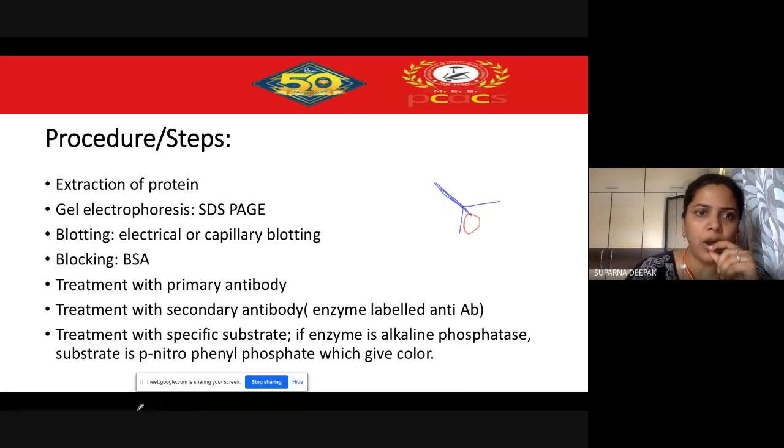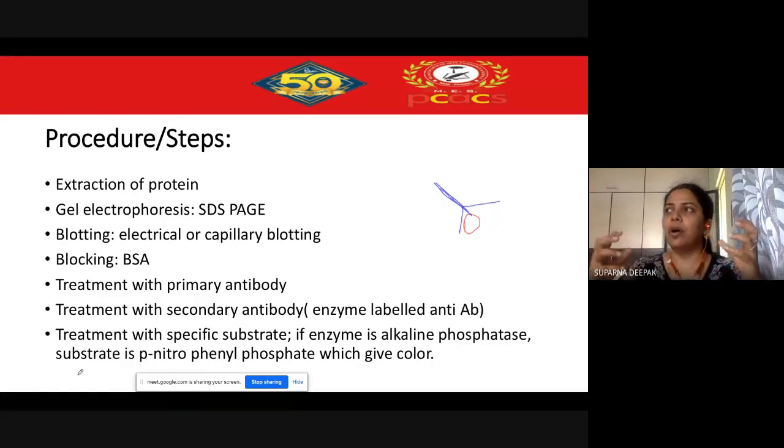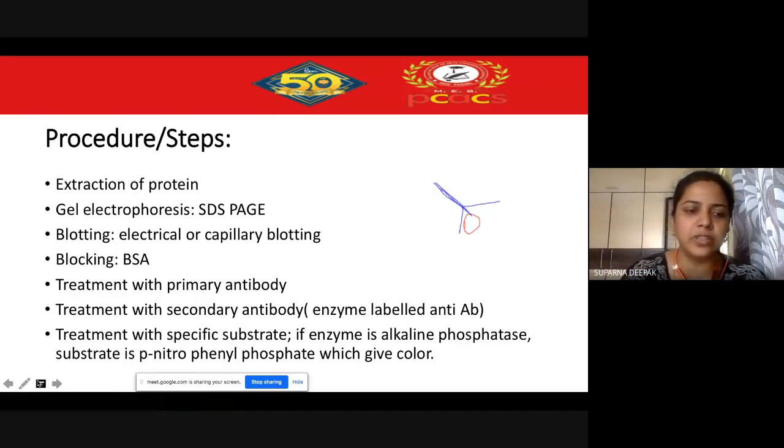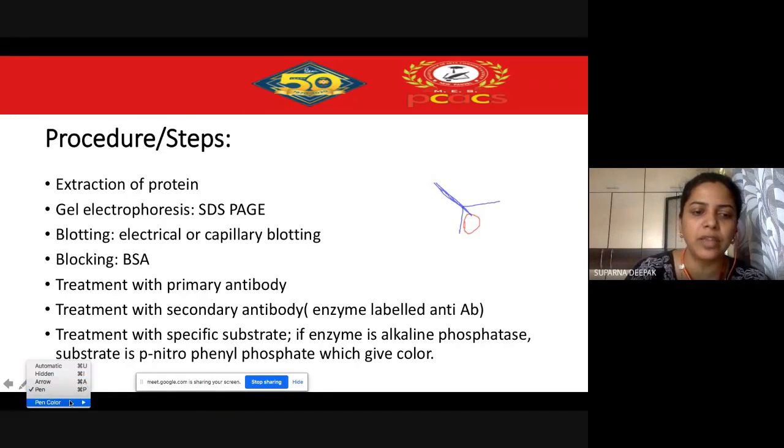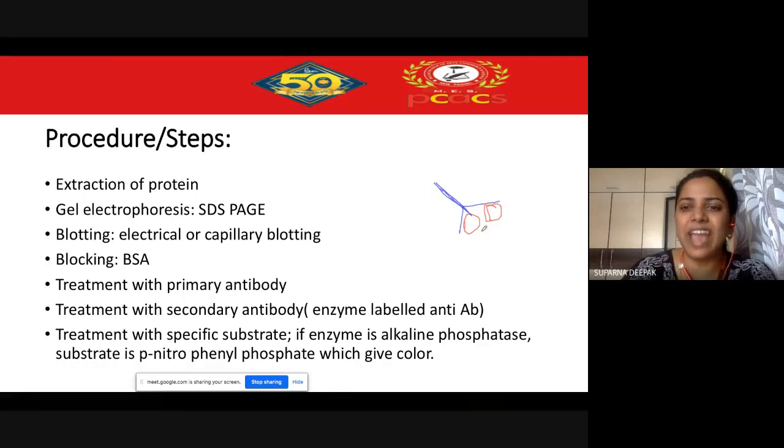Or you can say it is a kind of bridging together, so it usually bridges two different proteins that have been binding, right? But when you use a secondary antibody, the secondary antibody will utilize this entire primary antibody.